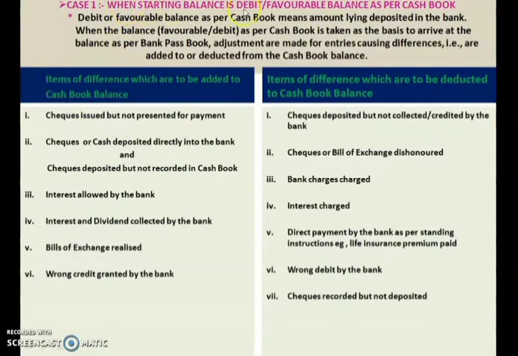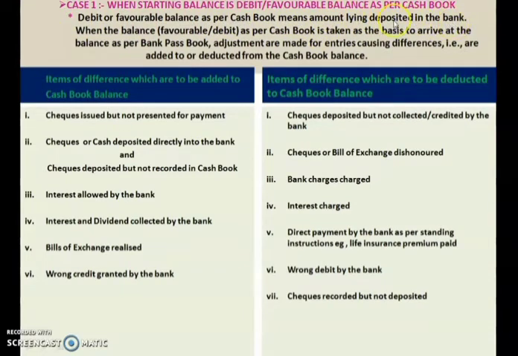When starting balance is debit or favorable balance as per cash book. So in your question, it is given that your starting balance is debit balance as per cash book. So debit or favorable balance as per cash book means amount lying deposited in the bank.